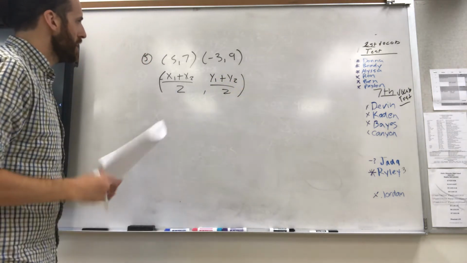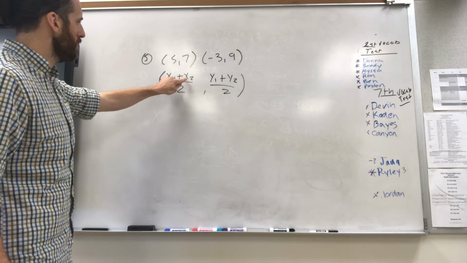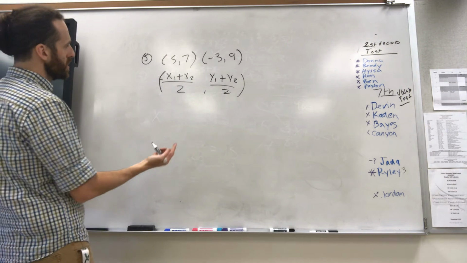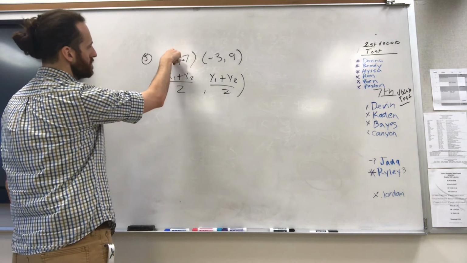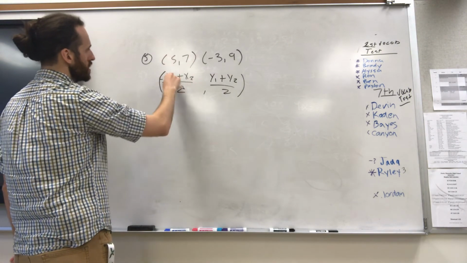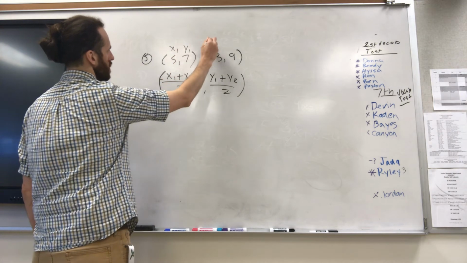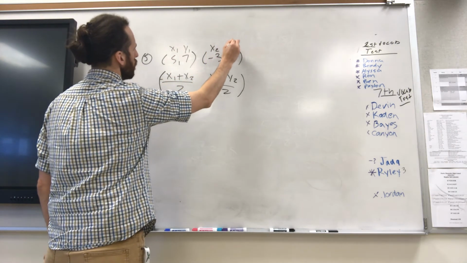I have that. But which are my x1s and my x2s? Which are my y1s and my y2s? Remember, in a coordinate pair, the x always comes first, and then the y. So now we can make this one our x1, y1, and this one x2, y2.